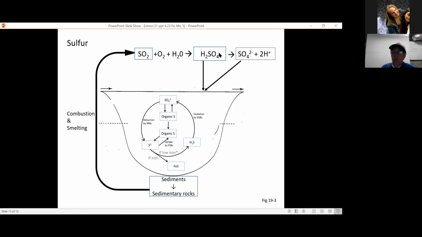Now, this step here can happen in the raindrops, and the rain falls as acid rain. Or it could stay in this form and land in the water and dissociate in the water. Either way, what you get is acidification of the water.